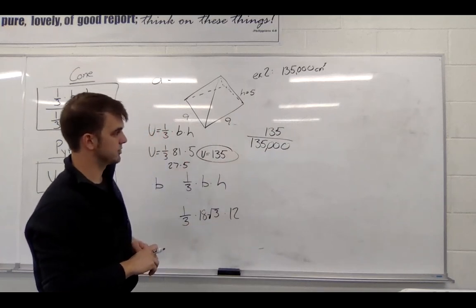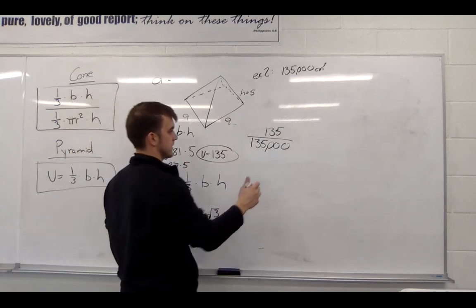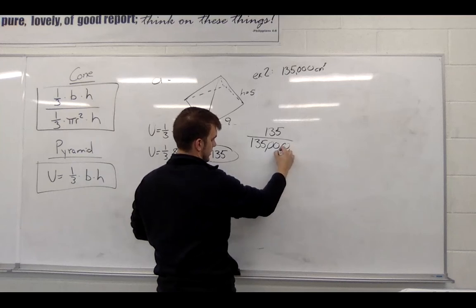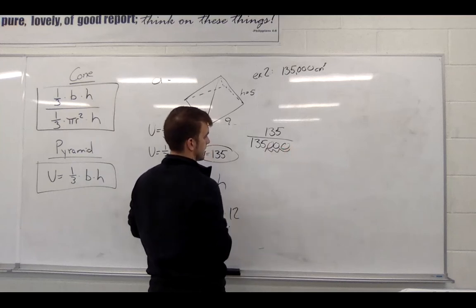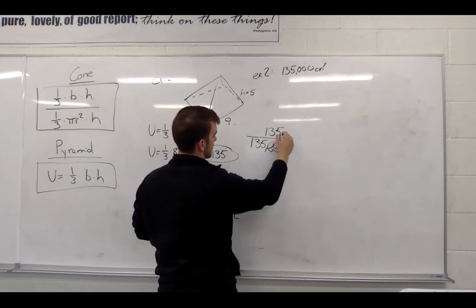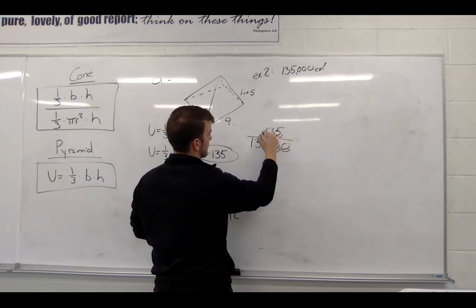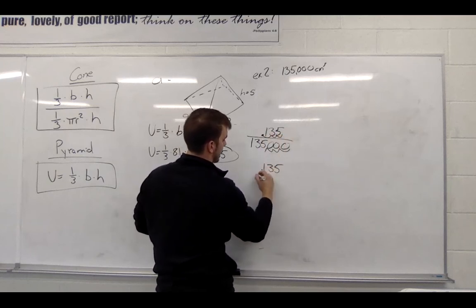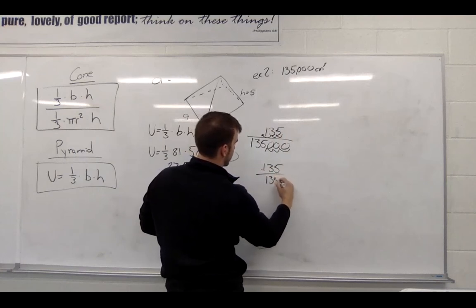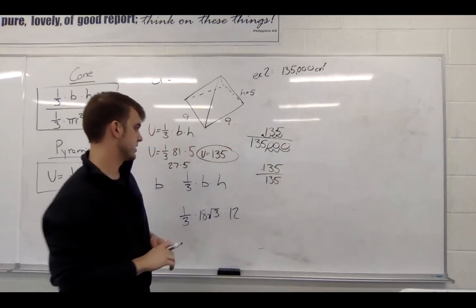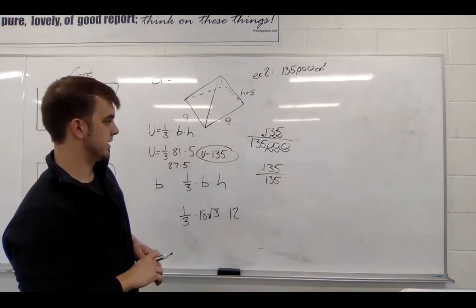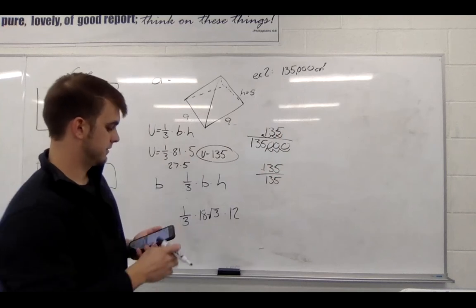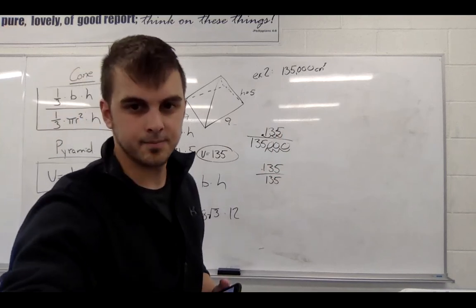And what you can actually do is, if you move the decimal point 1, 2, 3 places, and move the decimal point 1, 2, 3 places, it's 135 over 135,000. But I think this actually reduces down to, hang on here.